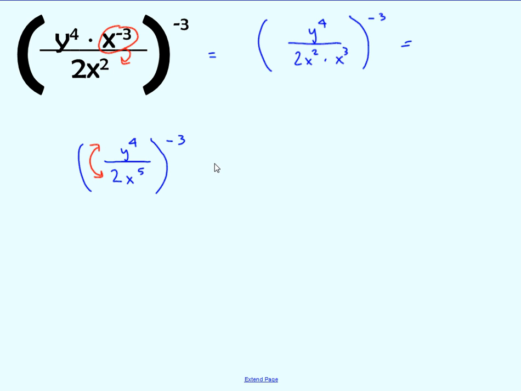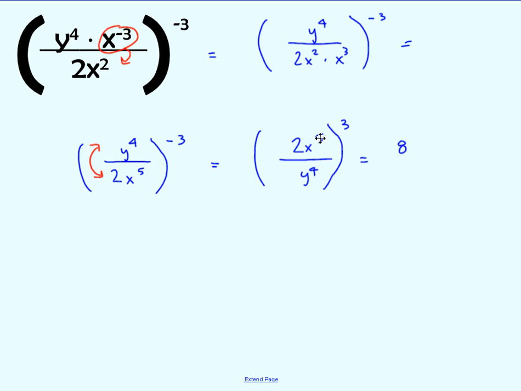So this would be the same thing as 2x to the fifth over y to the fourth, and now instead of that being to the negative third, it's to the positive third. So 2 to the third would be 8.